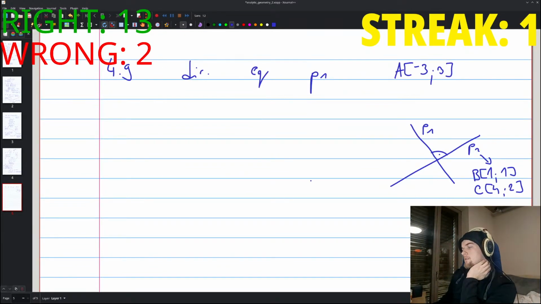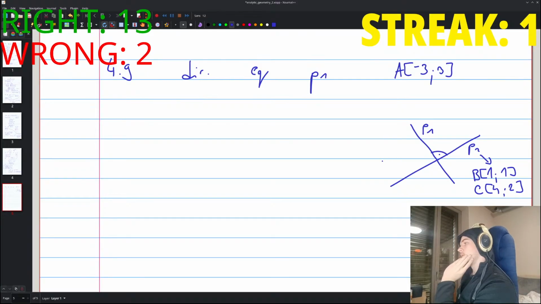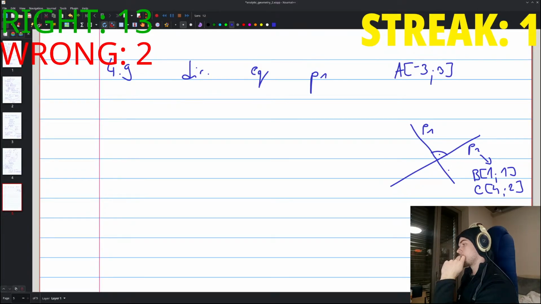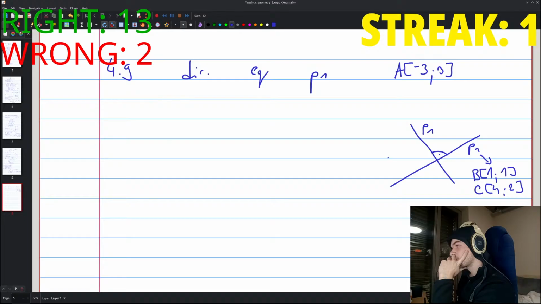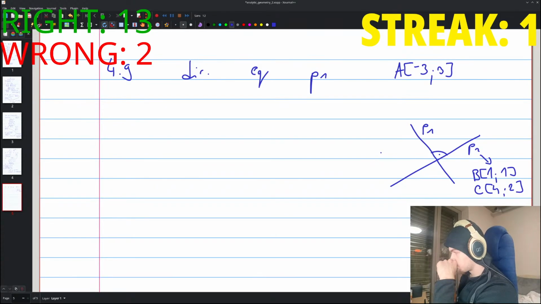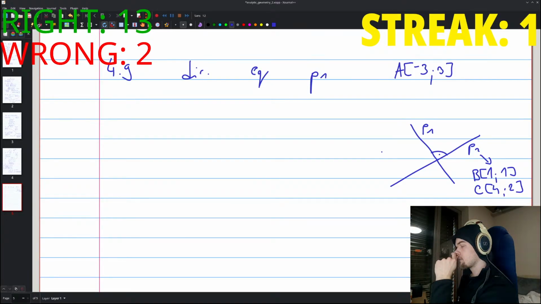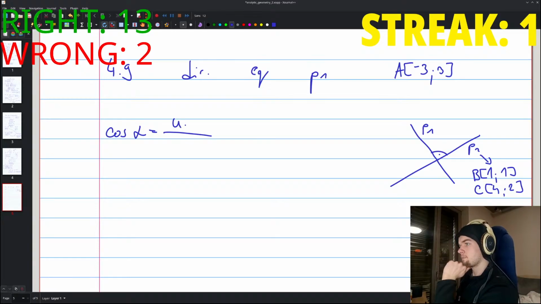Okay, so basically what we need to do now is... Wait, how do you find the angle between two? Wasn't it like cosine alpha is u times v over something like this?